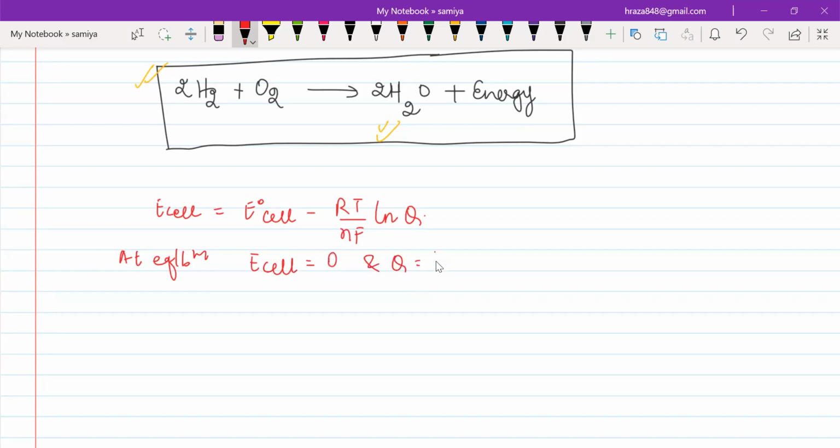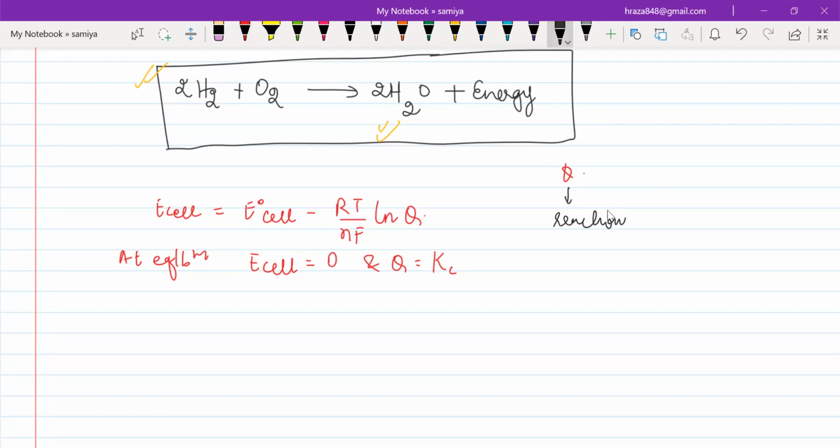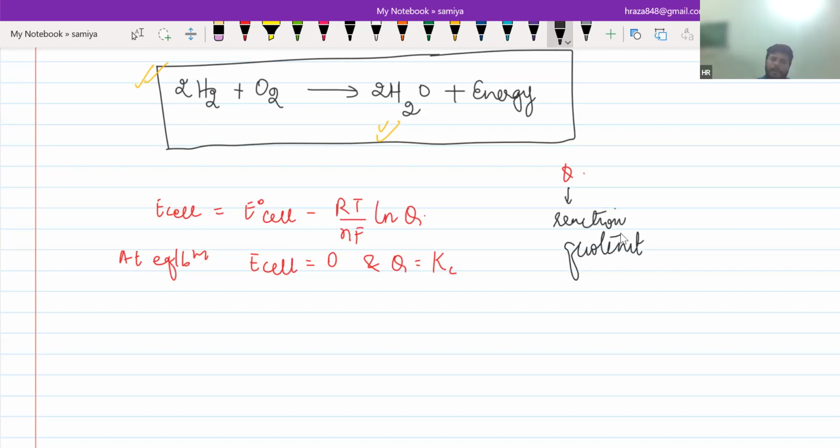What is Q? Reaction quotient. This Q is basically a reaction quotient, other than equilibrium, and Kc and Kp are basically at equilibrium.